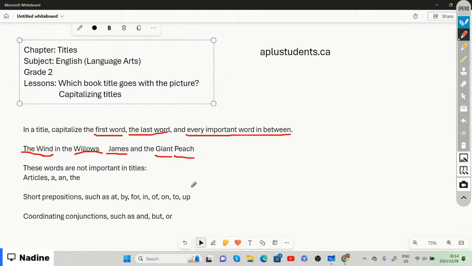The last word is also capitalized, and every other word that is important is capitalized. But we do not capitalize articles, prepositions, or conjunctions. That is not seen as important, so that is written with a lower case.